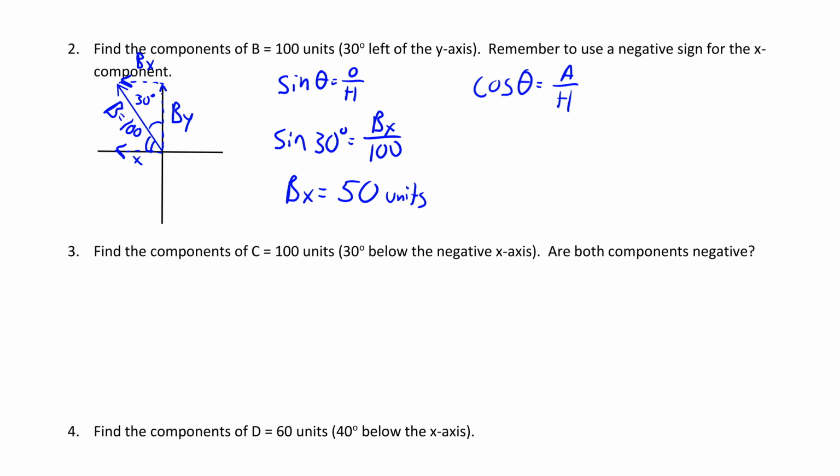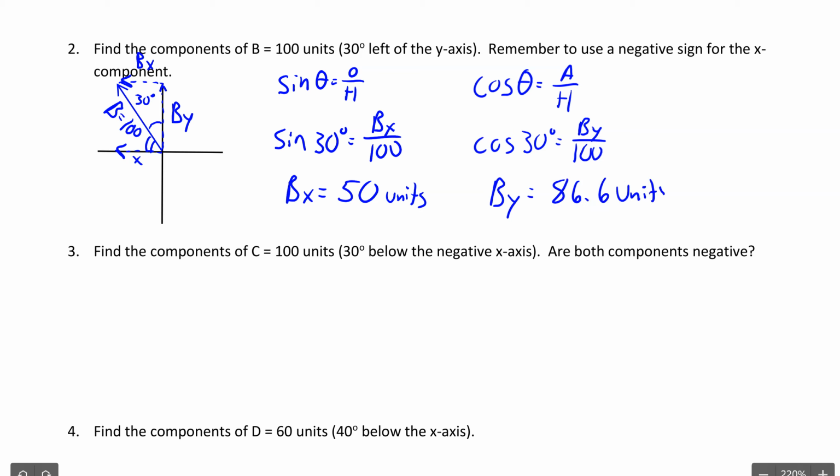Plug in our numbers, and by is equal to 86.6 units. Technically, since it's going to the left in the negative x direction, bx should be negative 50 units. That's the better answer. By is pointing up in the positive y direction, so we could leave that as positive.